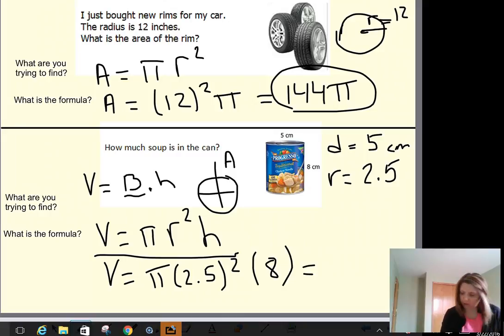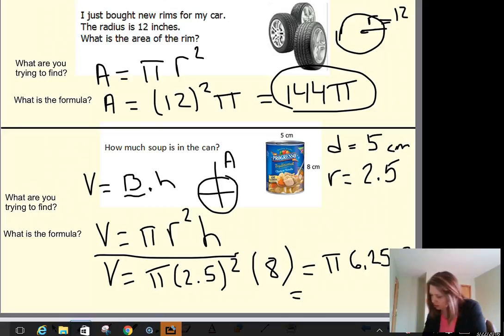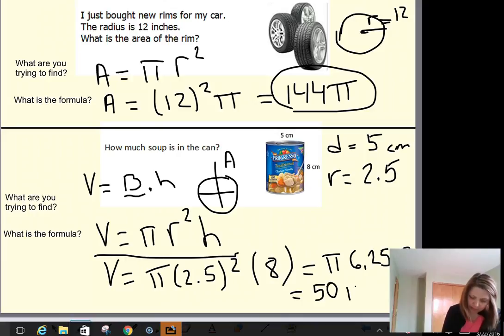Okay, well that will be equal to, so 2.5 to the second power is 6.25. So I have pi times 6.25 times 8. And 6.25 times 8 is equal to 50. So 50 pi will be my answer.